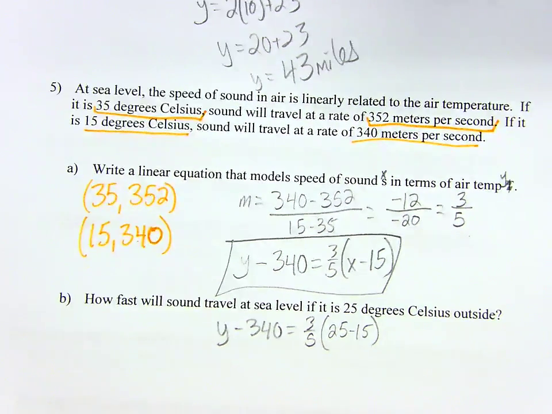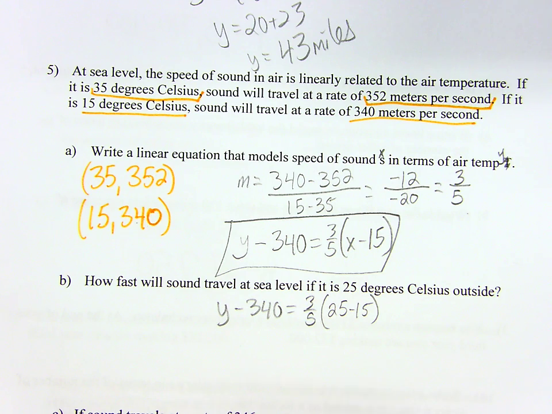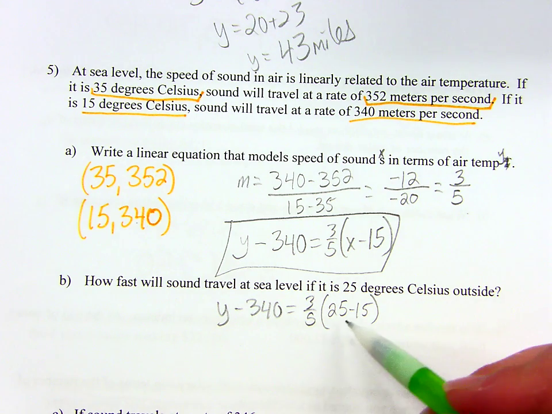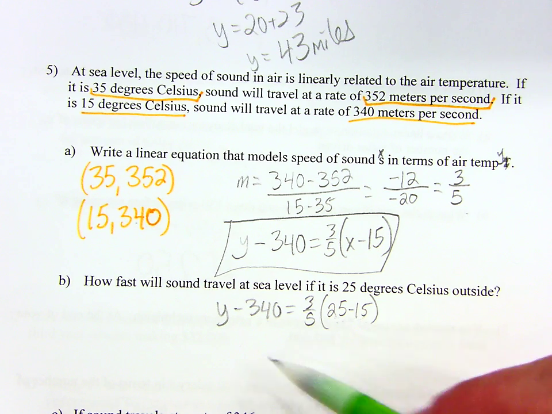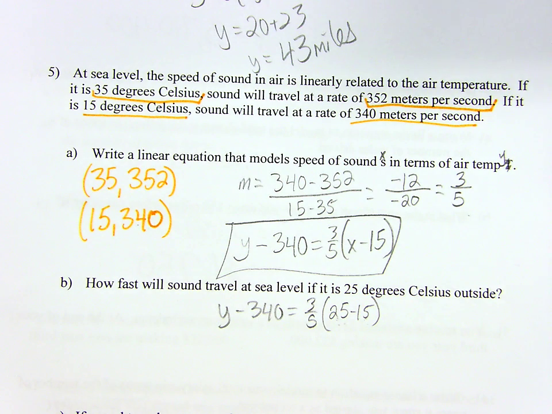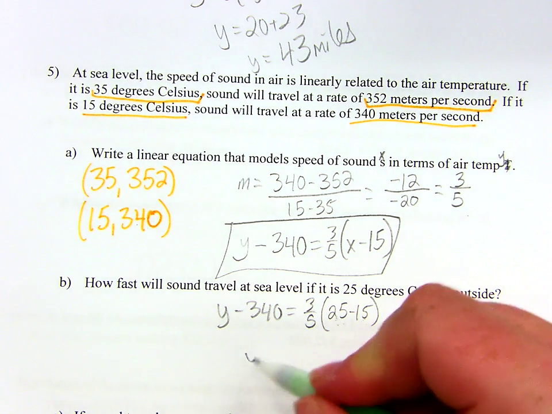Remember that you have calculators at your disposal, but make sure that you're doing order of operations first. You should do whatever's inside the parentheses first, then multiply by 3/5, and then I'll add that 340 over, and I'll be done. So 25 minus 15, of course, is just 10. 10 times 3/5 is just 6, and then add 340 over.